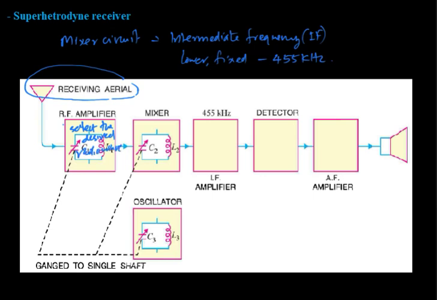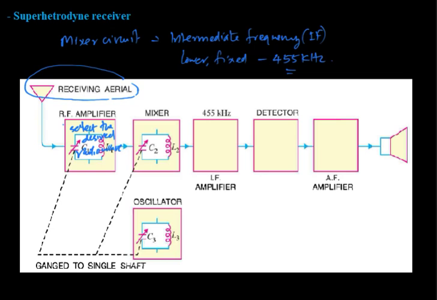It is also amplified, and then there is an oscillator in the receiving unit which produces a frequency that is 455 kilohertz greater than the radio frequency of the radio waves selected by the tuned circuit.